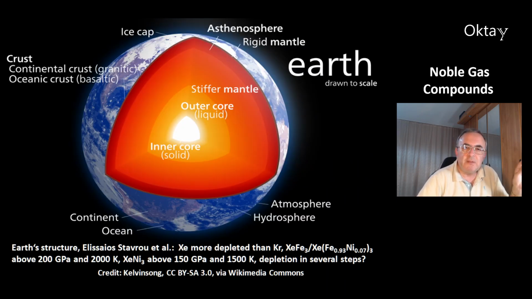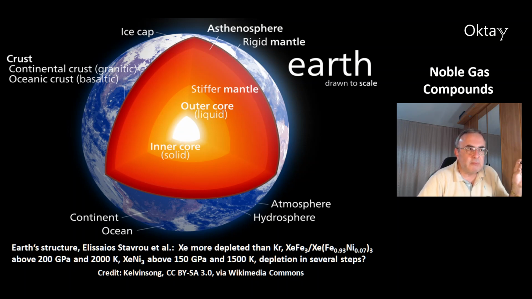This is a nice picture of the structure of planet Earth. And here you can see in the center the solid core. There's another work of Elissaios Stavrou and colleagues. And they looked for the depletion of xenon compared to krypton. Above 200 gigapascal and 2000 Kelvin, xenon makes compounds with iron and nickel.